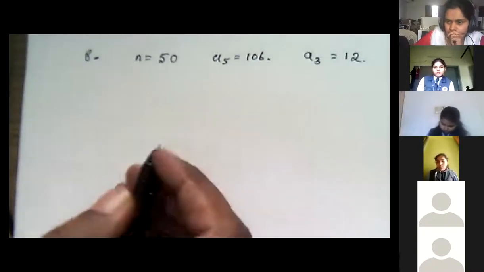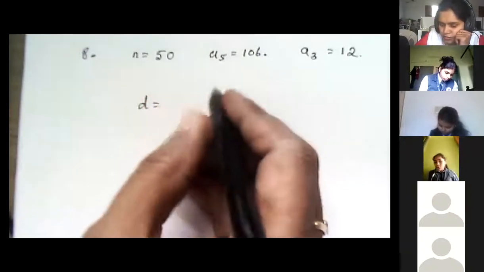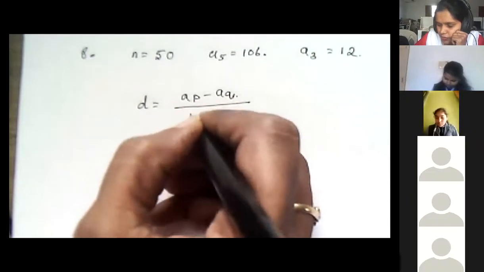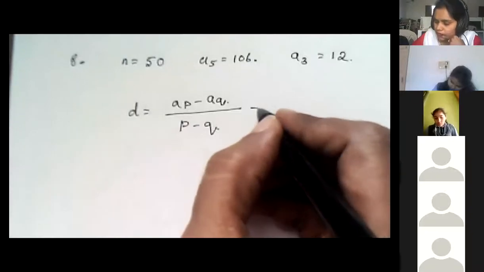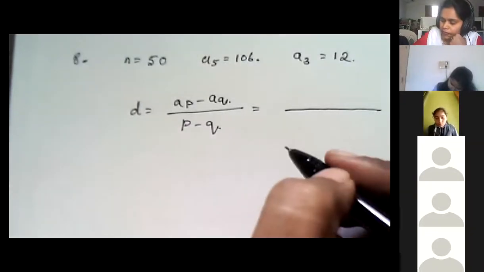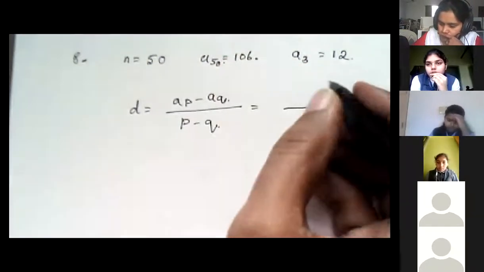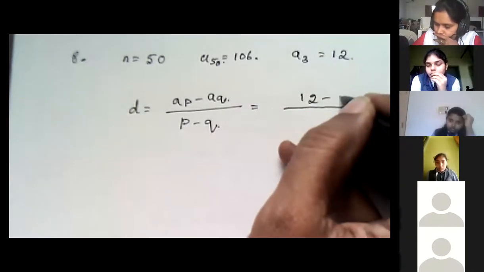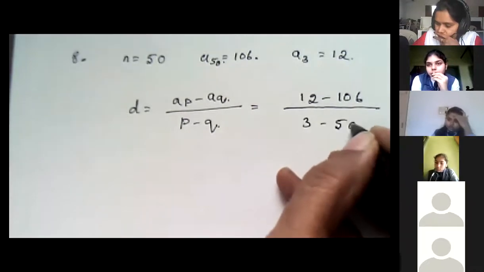So now first we'll find out D. Calculate, children. You need to tell me the answer for that. D equals AP minus AQ upon P minus Q. AP is 12 minus 106, and the positions are 3 minus 50.